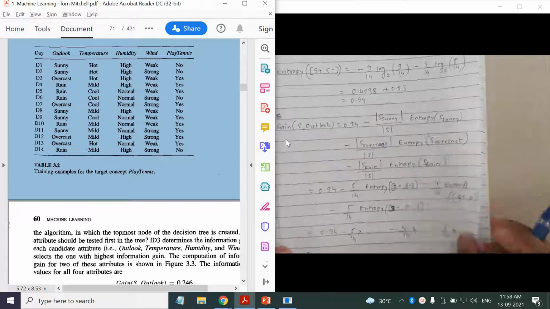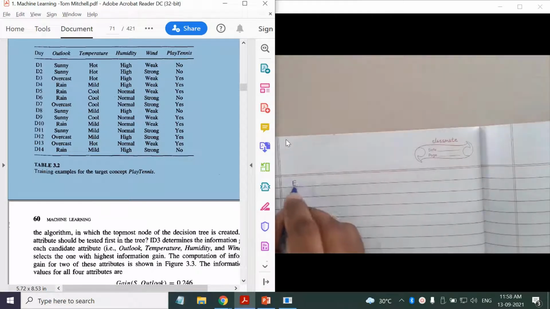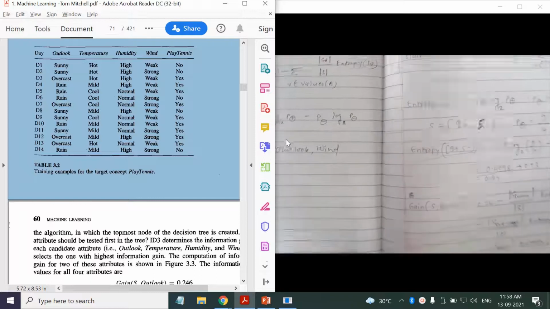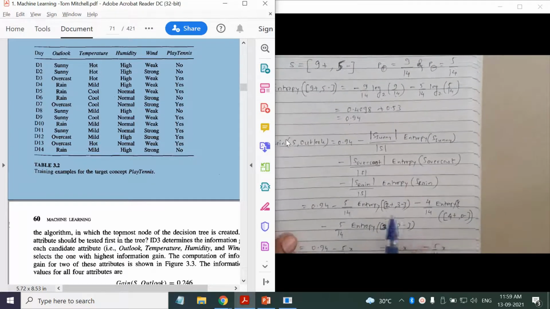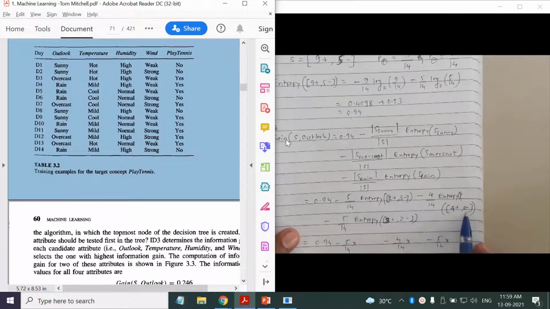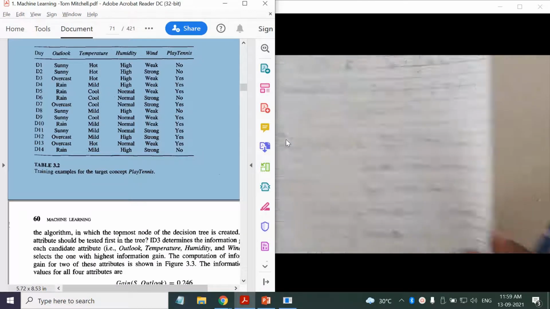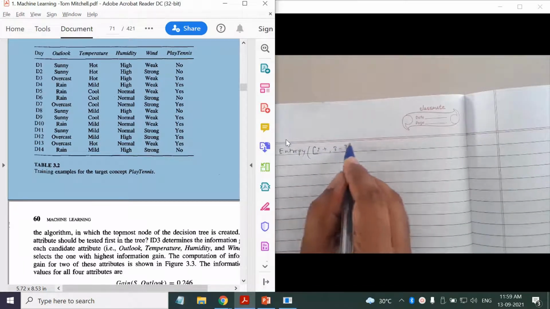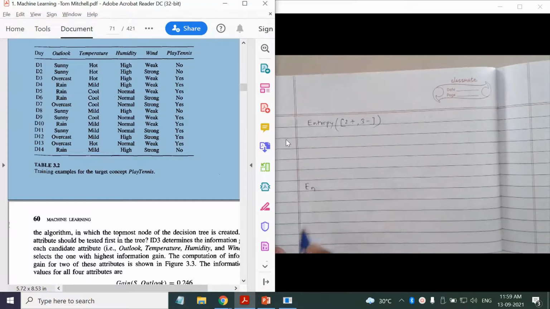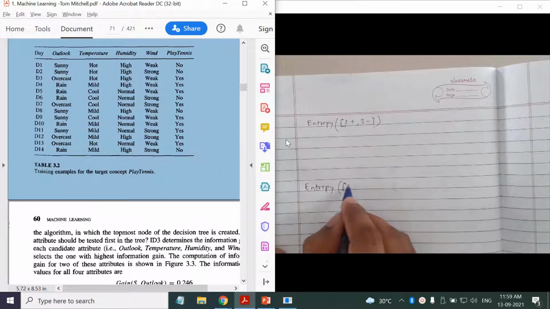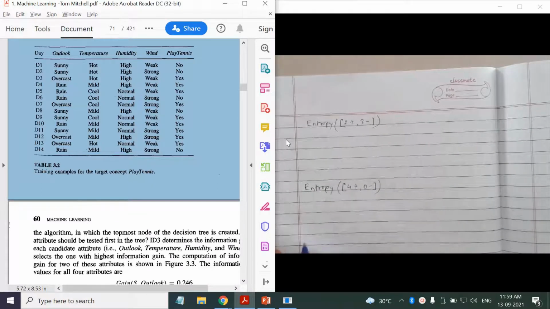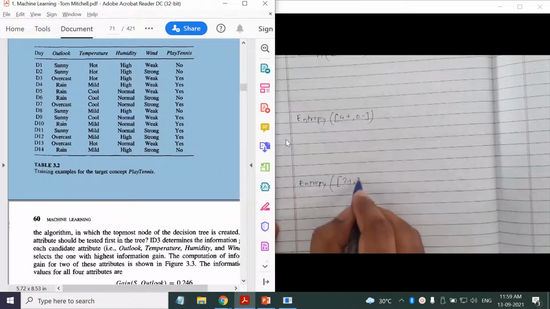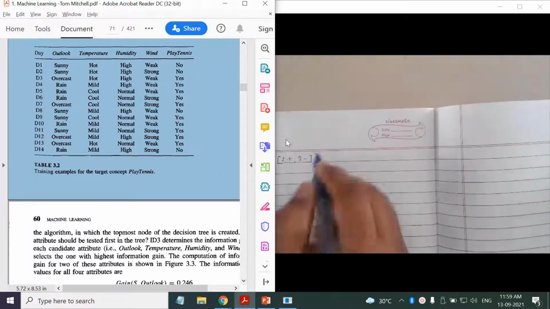The entropy of the first bracket is 2 plus 3 minus, then the next one is 4 plus 0 minus, and the last one is 3 plus 2 minus. We'll just calculate these values.